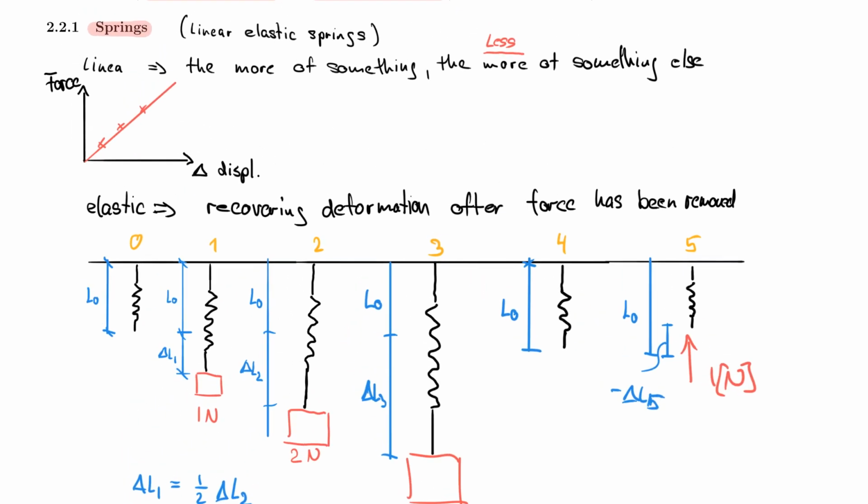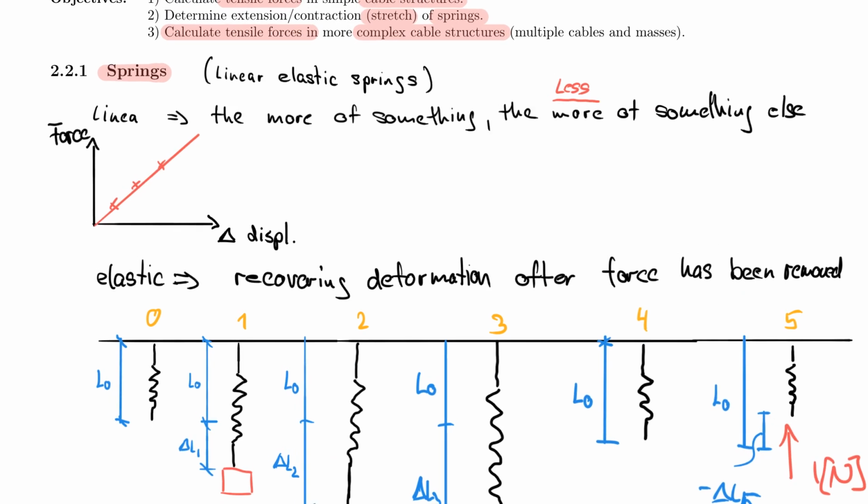Just for comparison, let me go back up here and let me show you what would happen if you would have a nonlinear elastic spring. So I'm going to draw this graph again. And that is something we don't deal with in this class, but I want you to understand this. So let's say you have a regular material, let's say steel, for example.